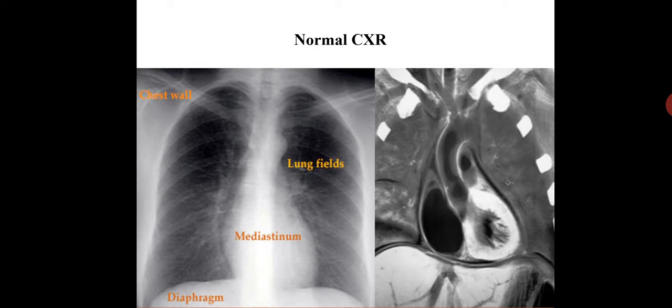In a normal chest X-ray, what all do we see? The lung fields, the mediastinum, the diaphragm, and you can see in the other part of the image the heart is being shown, and the aorta is arising from the left ventricle.